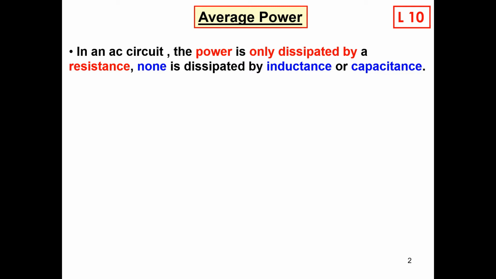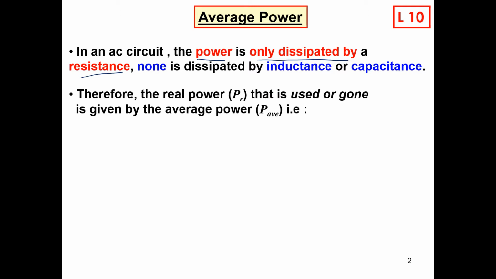In an AC circuit, the power is only dissipated by a resistance. None is dissipated by inductance or capacitance. So you have to remember that the average power is only dissipated by a resistor, not by an inductor or capacitor.